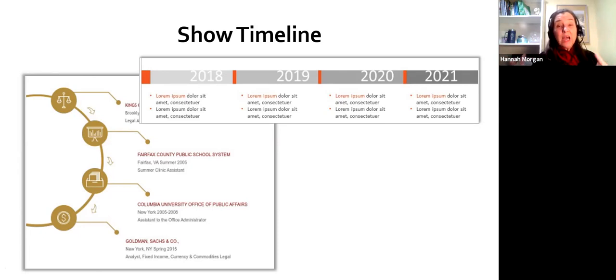Then using that kind of a timeline would be really great because it's front and center. People are really forced to see it. So you would use the job title if you wanted, and probably just the job title, or industry. The other thing that you could do is insert the company logo right in here as well. So if one job was with GE, the next was with Microsoft, the next year was whatever.